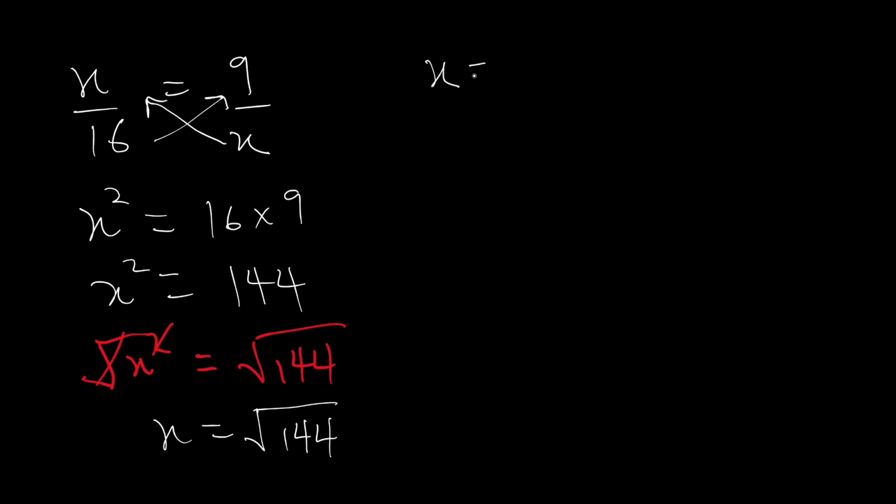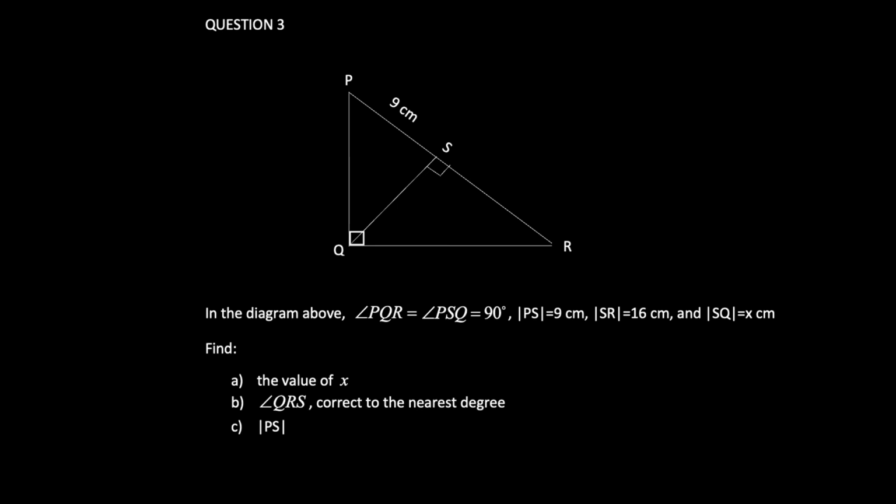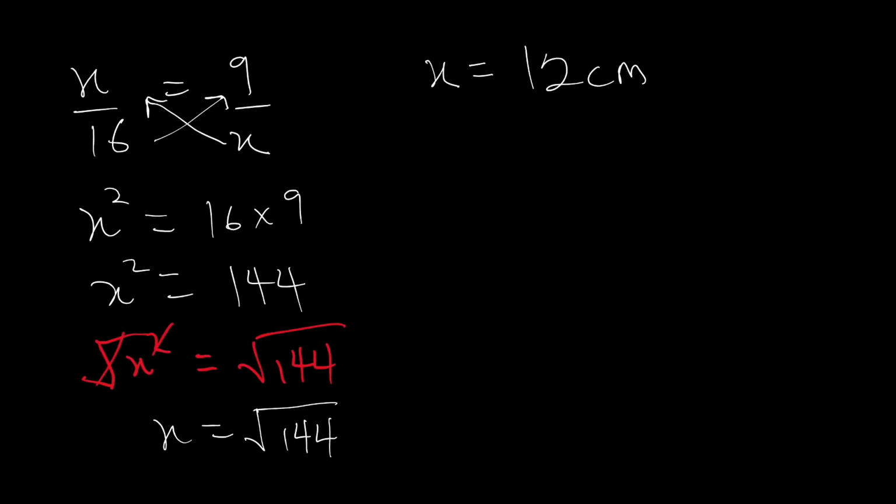So our X then becomes 12 centimeters. So we can say that the length of SQ, which is X centimeters, now becomes 12 centimeters. So therefore, line SQ is equal to 12 centimeters.